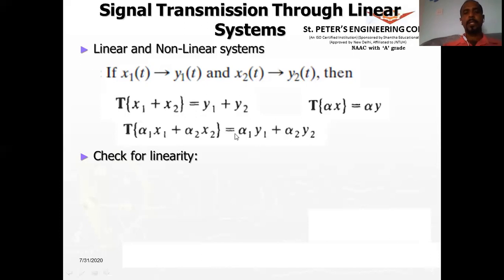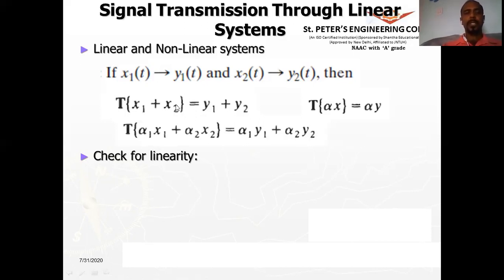That means if y1 is the response because of the x1 input, similarly y2 is the output or response because of the input x2, then the total response should be equal to y1 plus y2. So y1 and y2 are individual responses. If you call the total response y, then y should be equal to y1 plus y2. Then we call the system a linear system.